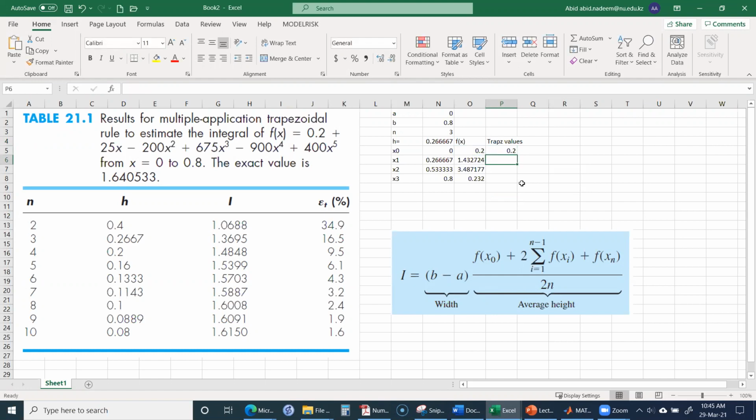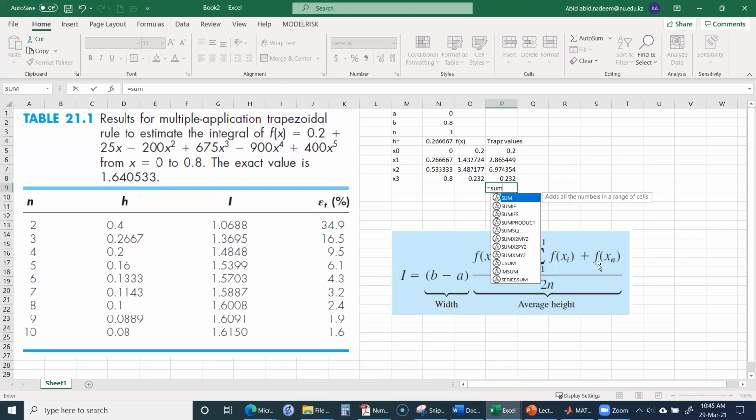The middle values are multiplied by 2, so I will take 2 times the middle value and copy it down. The last value is not multiplied by 2, so the last value is the same as this.